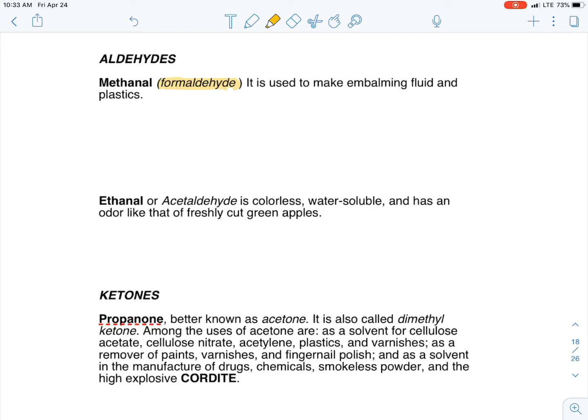And they use it, they make plastic too out of that. It causes polymerization. That means it makes these small little chains stick together. So formaldehyde, though, is used to embalm things. We used to keep like animals in the biology lab in formaldehyde many, many years ago. They don't do that much anymore.